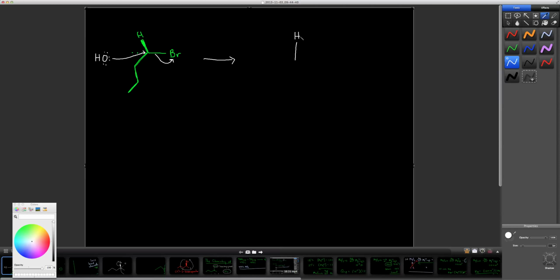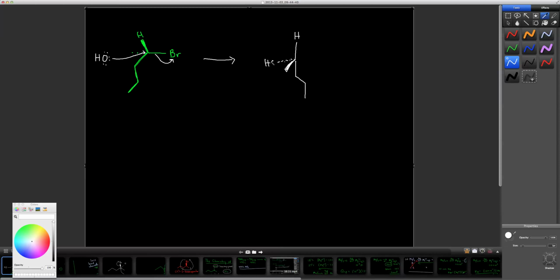So now the hydrogen in the propyl group and the methyl group, I know this doesn't look like they're planar, but they actually are planar.